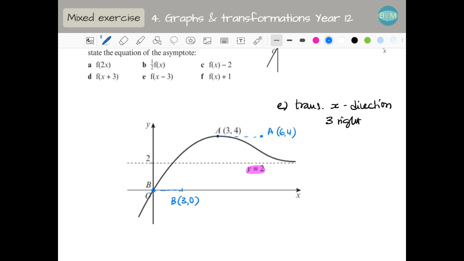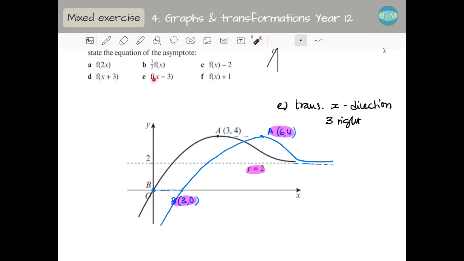So the whole thing moves parallel to the right and then down to the asymptote again. And this is the new A and the new B.